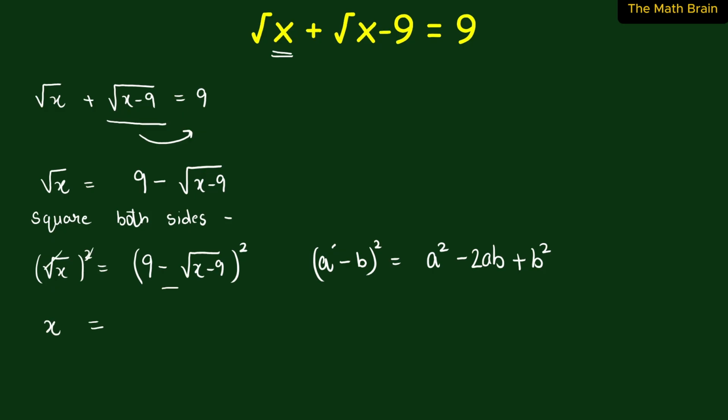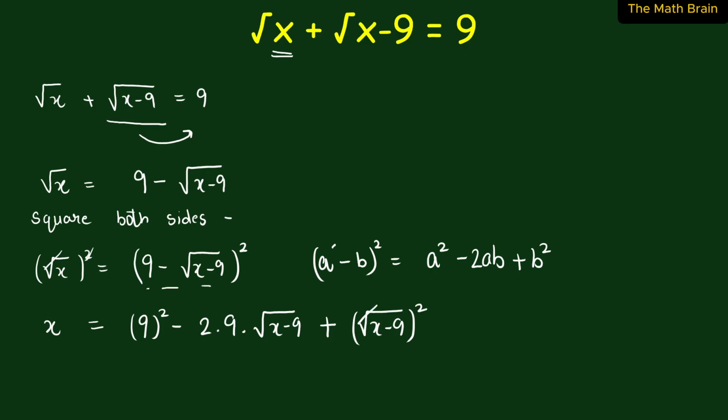So x is equal to, this is a, this is b, 9² minus 2 into 9 into √(x − 9) plus (√(x − 9))².